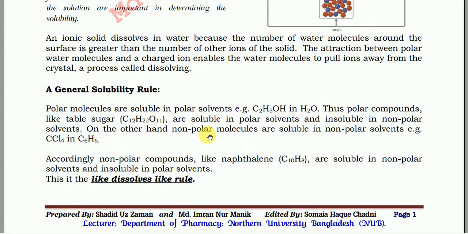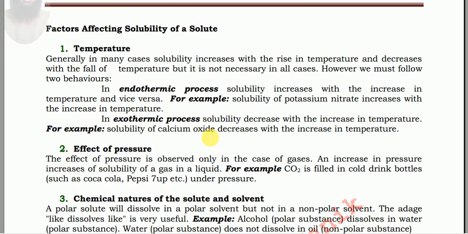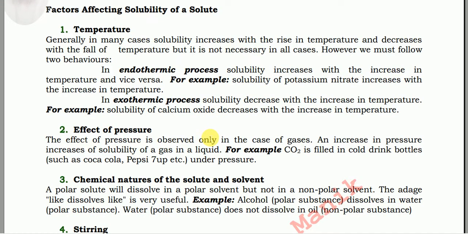Like dissolves like. There are some factors which affect the solubility of solute. You have already been taught the 5 factors that can affect the solubility of solute during your physical pharmacy 1 class. The factors were: number 1, temperature. You know that temperature can affect the solubility of solute.